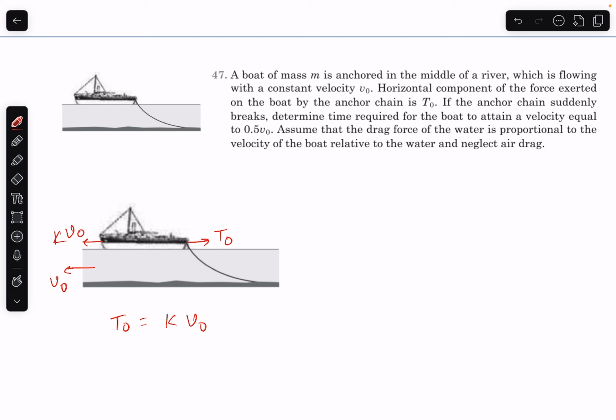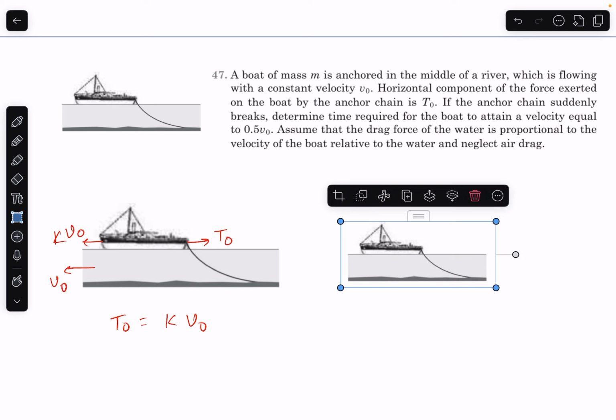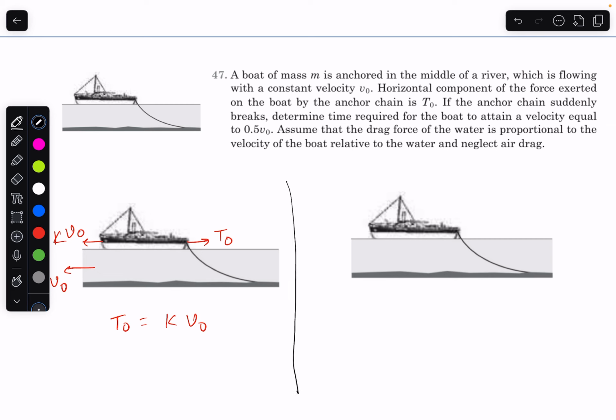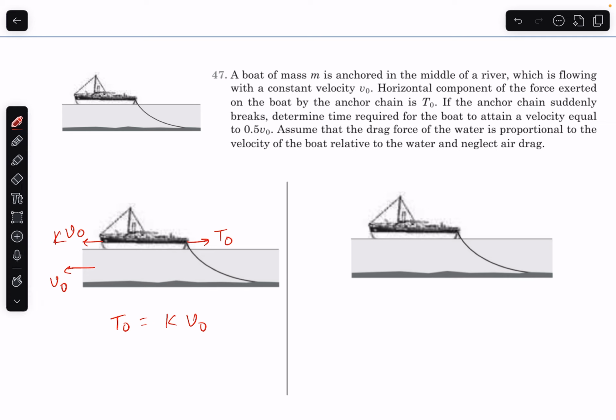Also, as time progresses, if the chain breaks, then let us say that at any instant the speed of the boat becomes v, whereas the river velocity will always be equal to v naught.